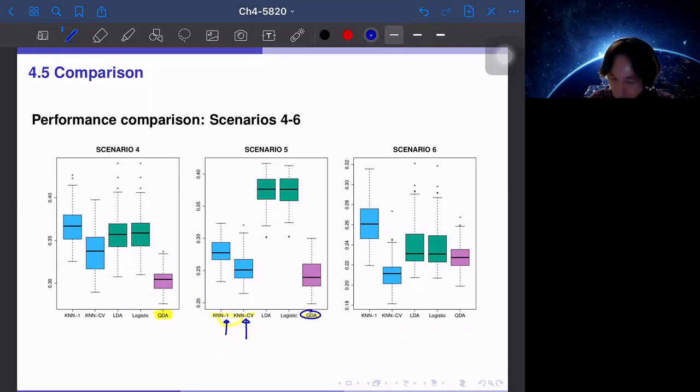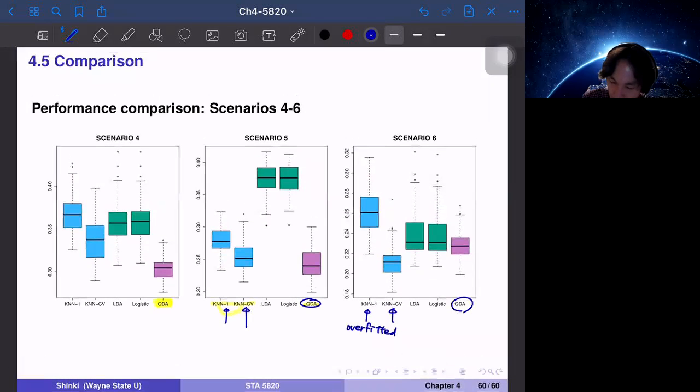If it's a very complicated rule, then KNN is good. KNN1 is actually worse because it is overfitted. The situation is very complicated, so KNN1 makes a very complicated decision rule, and that is not good for out-of-sample test performance.